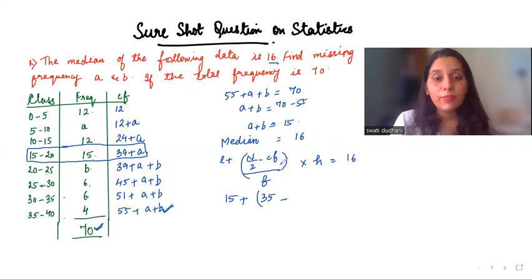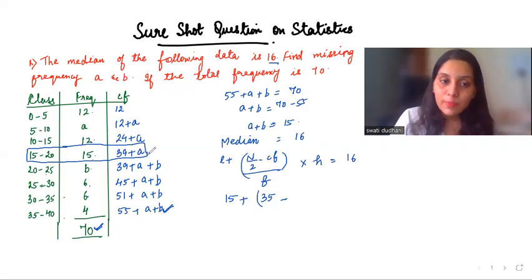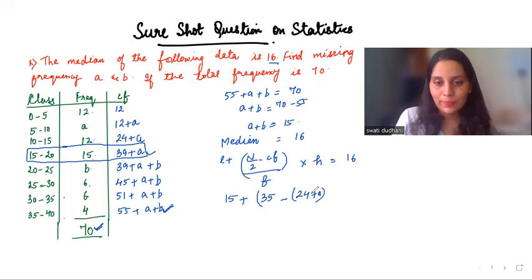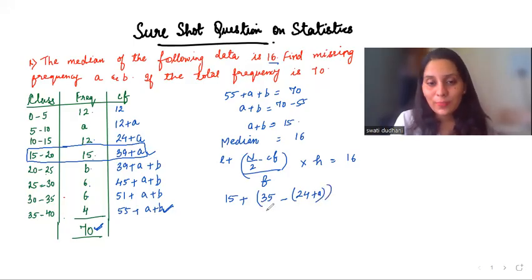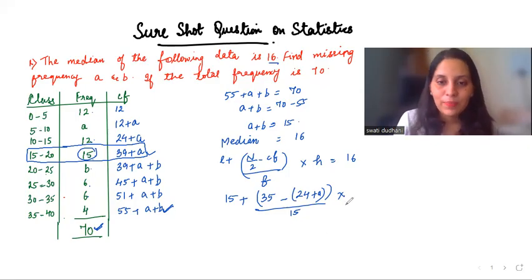Minus CF, the cumulative frequency of the class previous to the median class, which is 24 plus A. You need to put it in brackets so that you do not make a mistake in the sign. Now the frequency of the median class is 15, and the class size, you can see 0 to 5, 5 to 10, is constant every time. It is 5, equal to 16.